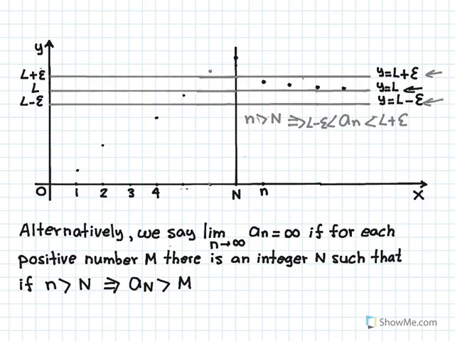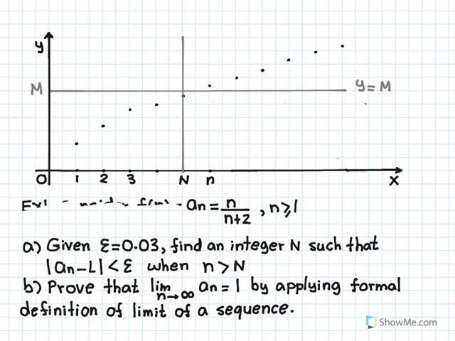There it is. All right, alternatively, we say that the limit as n goes to infinity of a_n is equal to infinity if for each positive number M, there is an integer N such that if n is bigger than N, a_n is bigger than M. Let's show that from a diagram. It will be easier to visualize.